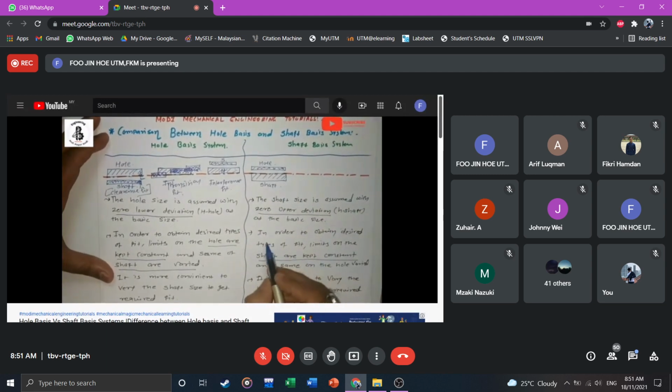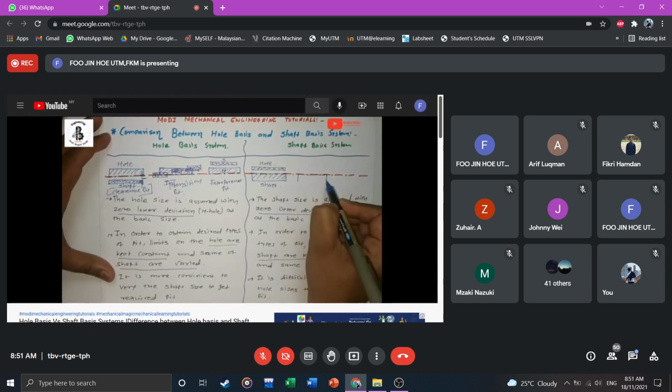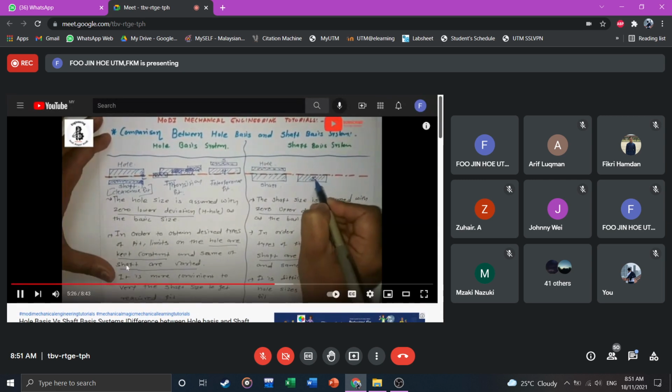Now for the second one, the shaft is kept constant, so that will be the same. You can see that will be the shaft.